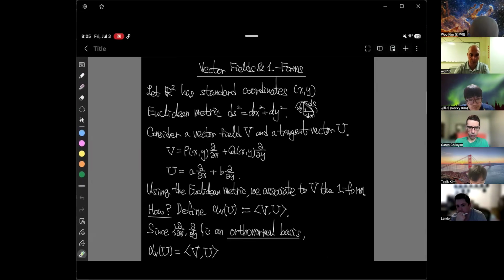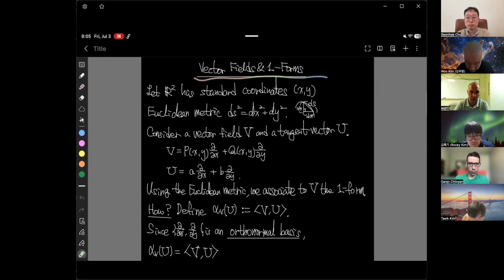So we're going to learn about vector fields and one-forms. In R2, with standard coordinates x, y, the Euclidean metric is dx squared plus dy squared.